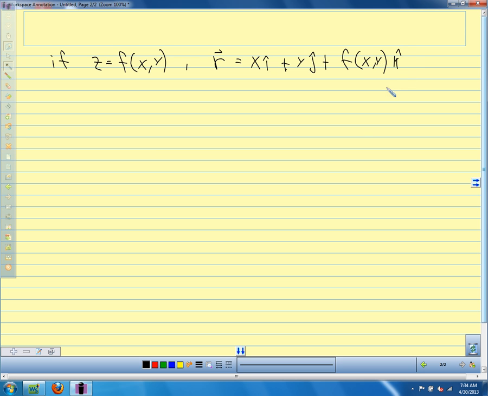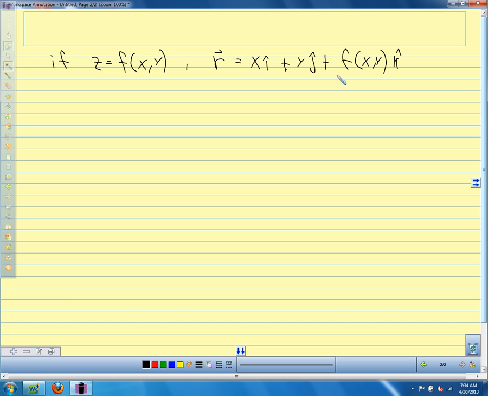We talked about this yesterday. That's a parametric representation of the surface. The surface area integral reduces to exactly what we came up with before, and comes out exactly the same.